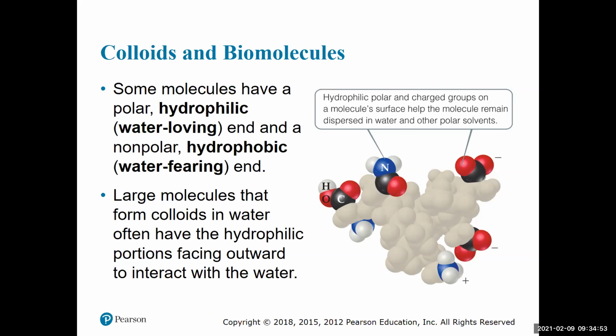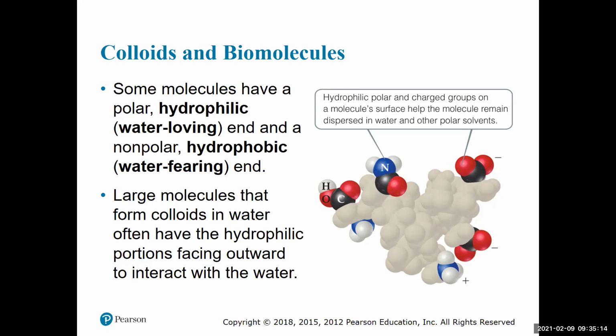And so if you have a polar end, that's going to be more oriented towards water and other polar type molecules. And then the non-polar end will be oriented around the non-polar type compounds. And since they're usually pretty big compounds, you have some distance and space there, which allows all that to kind of stay together.